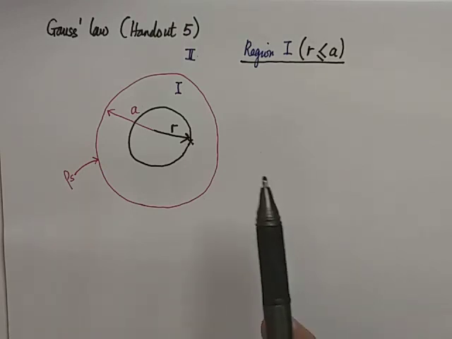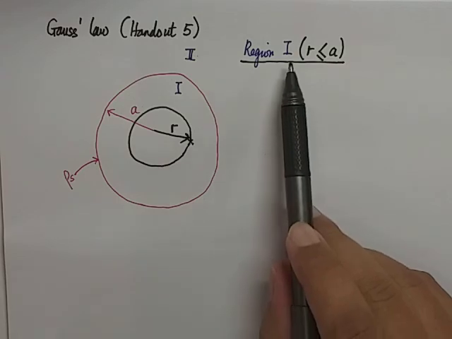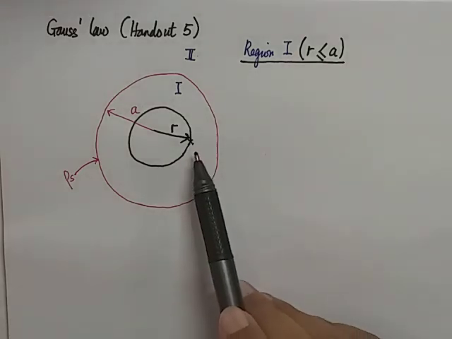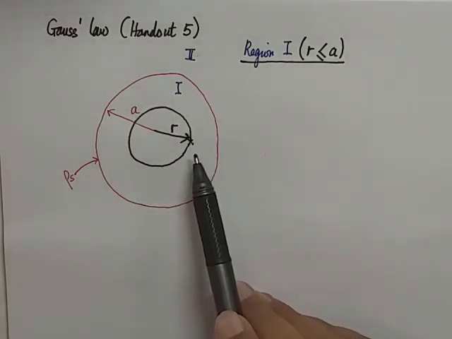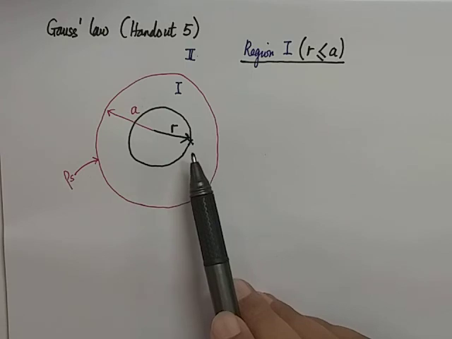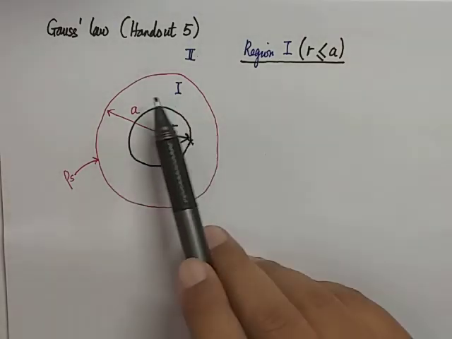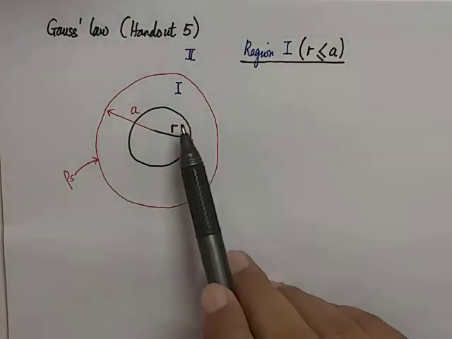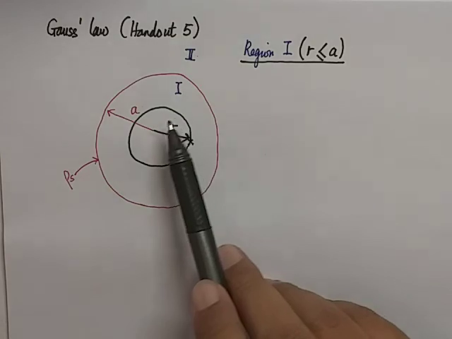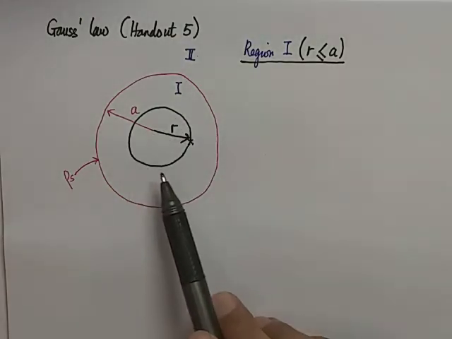Again, I'm repeating the process of Gauss law. Step number 1, we define clearly where is the position of our D field. Step number 2, we're going to build our Gaussian. Should be first passing through the point of D, second should be completely closed. So due to the shape of the problem, I'm going to choose my Gaussian to be similar, which is also a sphere.